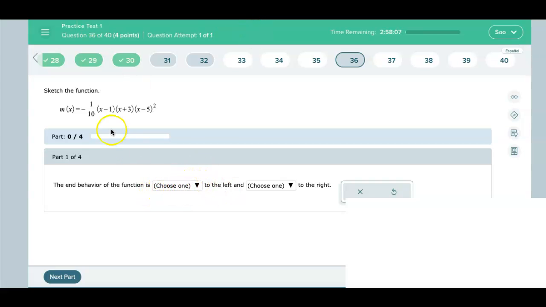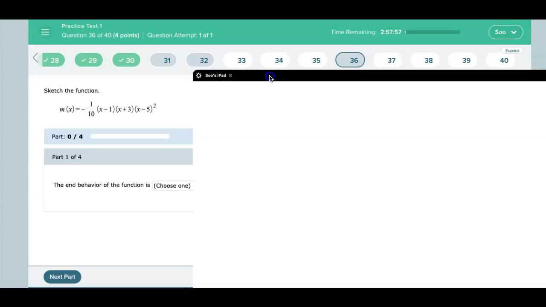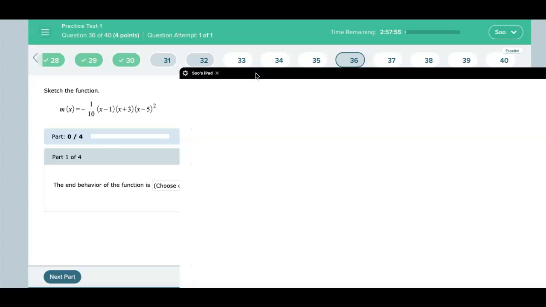I can see that this has a negative leading coefficient, but we need to figure out the degree, right? So on my notepad, let me go ahead and write down the function and mark all the multiplicities. So here is m of x. Here is negative 1 over 10.